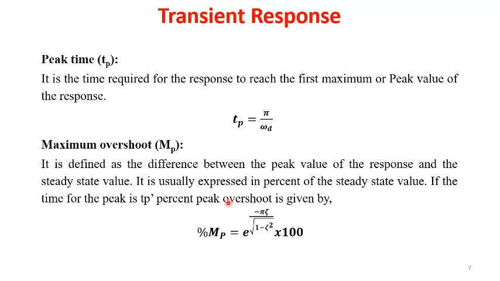Next, maximum overshoot, that is at the TP period. It is defined as the difference between the peak value of the response and the steady state value. It is usually expressed as a percentage of the steady state value.